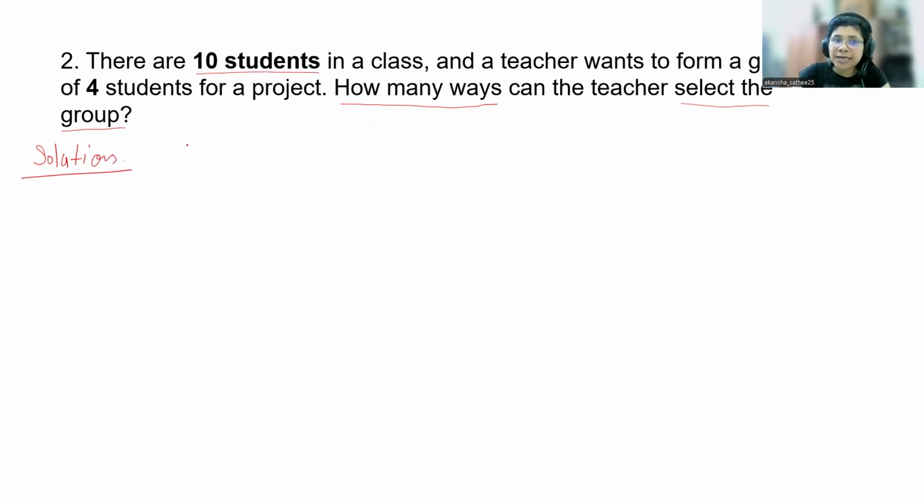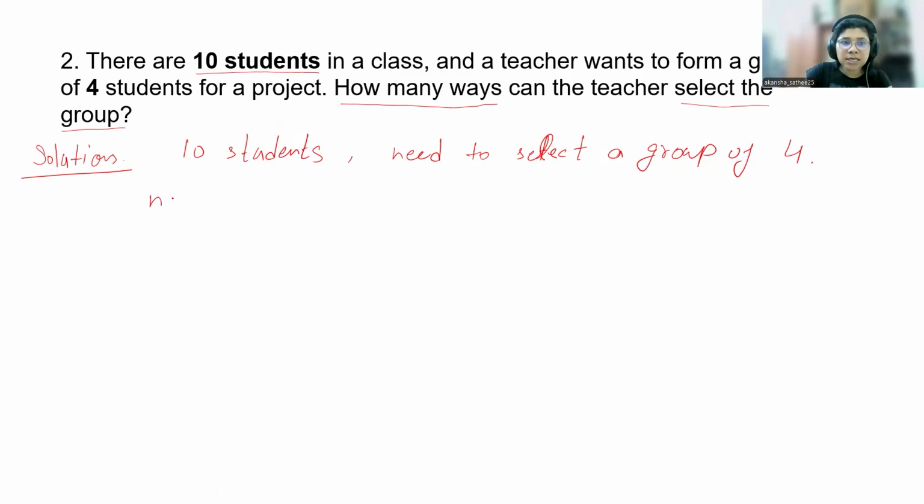So you have total 10 students, need to select a group of 4. So basically, N is 10, R is 4.